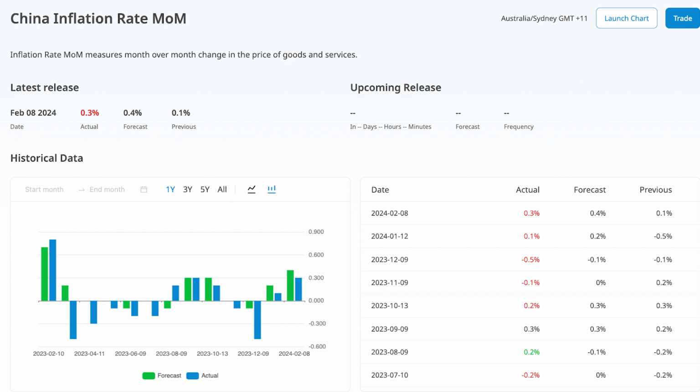But if we look at the Aussie dollar against the US dollar, against the greenback, it did have a sort of negative impact on the market.